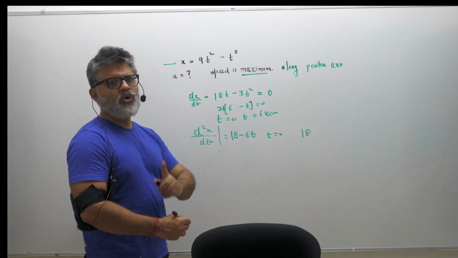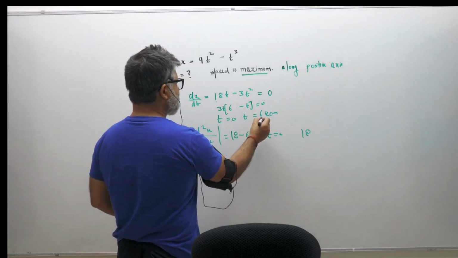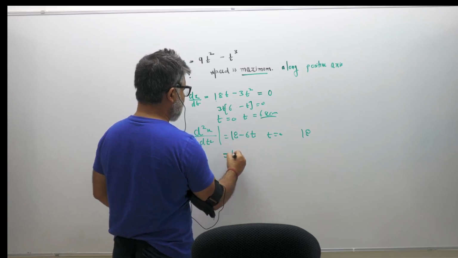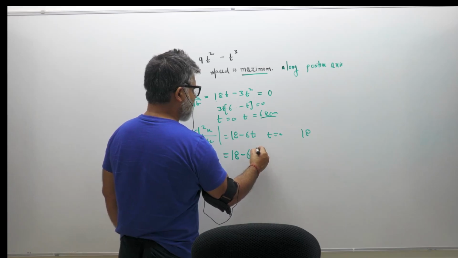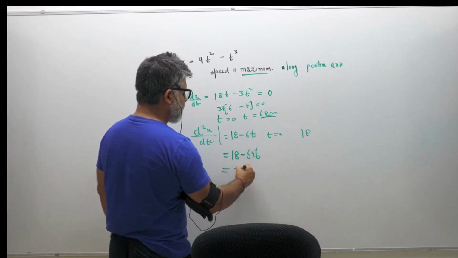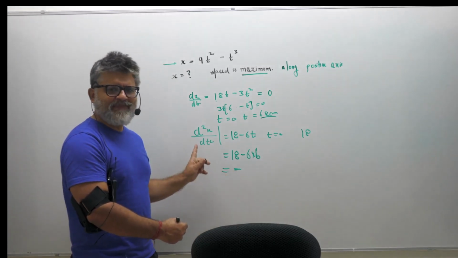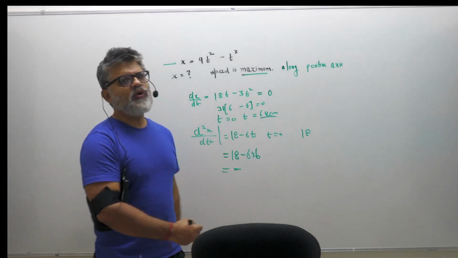You must know it, a very important learning. The second is t is equal to 6 seconds, which I put in the double derivative. I get 18 minus 6 into 6, which obviously is going to be negative. If the double derivative comes out to be negative, the t corresponds to maxima.